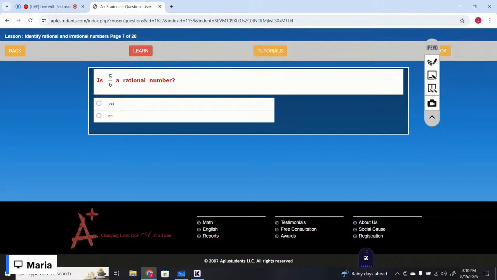Is 5 by 6 a rational number? Yes, it is a rational number. Option number 1 is the correct option.